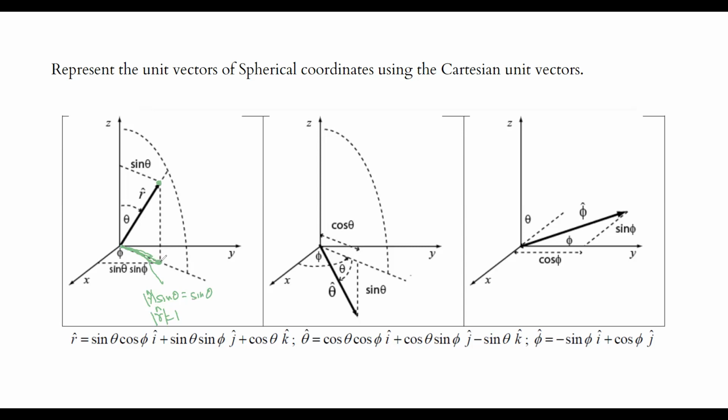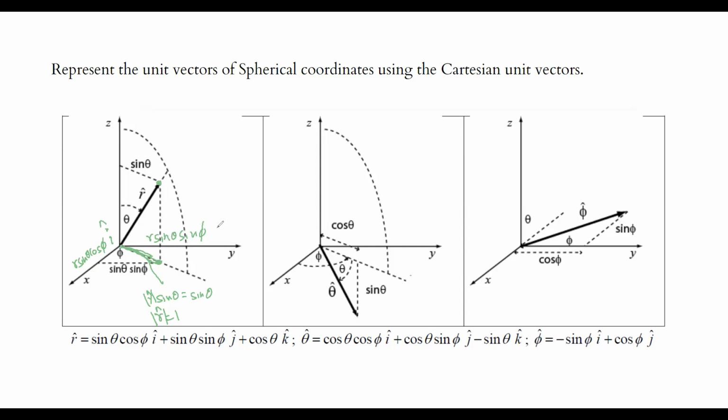Now we can calculate the projection along x direction, which is r sine theta cos phi. The projection along the y-axis we can take as r sine theta sine phi, right? So along the i hat direction, r sine theta cos phi magnitude is available.